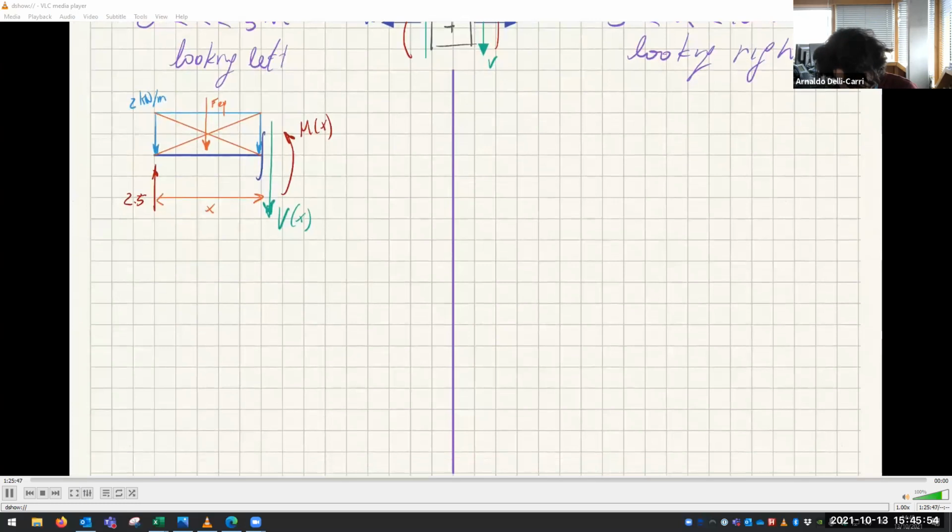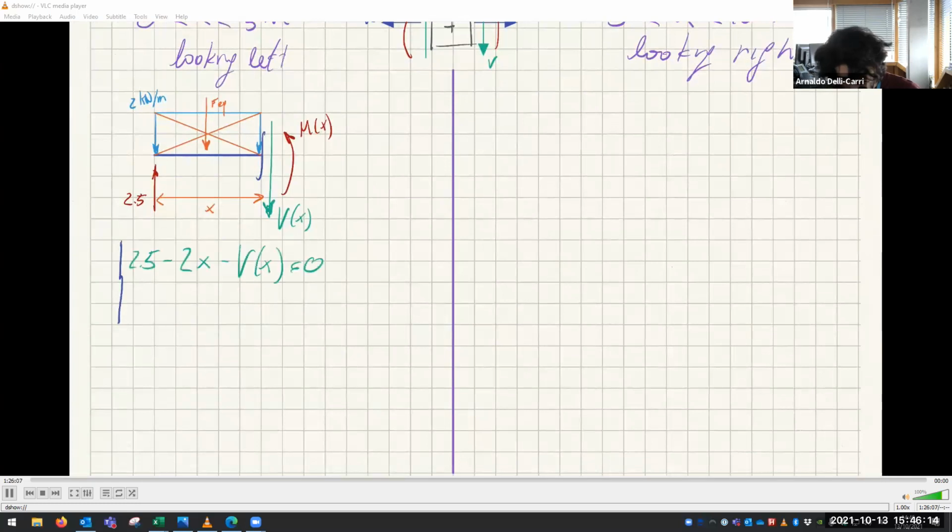So we do equilibrium equations. For v of x, we have 2.5 minus the equivalent force is 2x. It's 2 times x. And minus v of x equals 0.